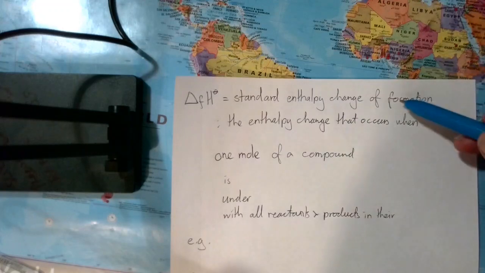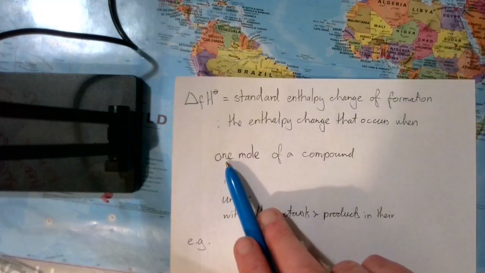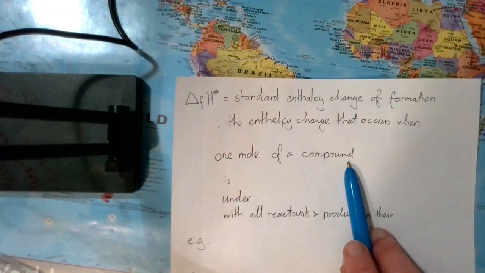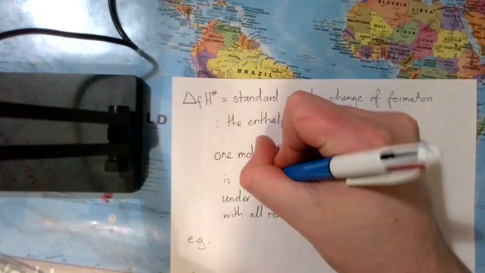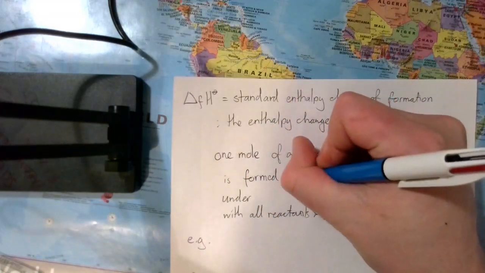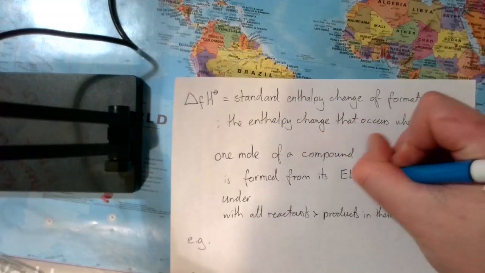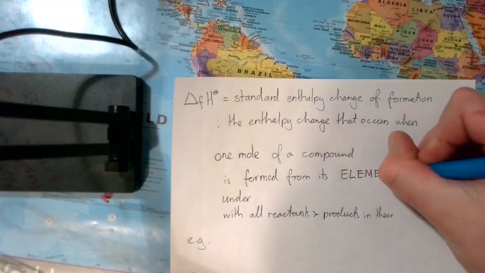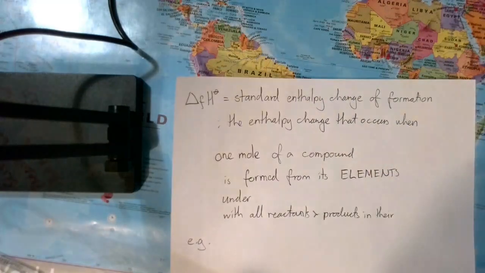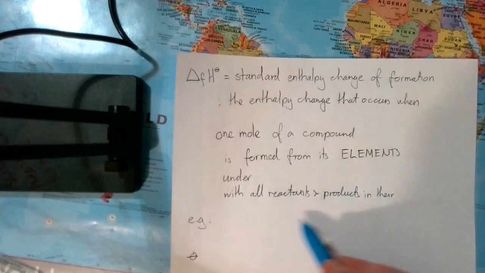So for enthalpy of formation, it's the enthalpy change that occurs when 1 mole of a compound is formed, hence the formation, from its elements, and this is crucial. So if you have any compound in the world, you just look at its formula and figure out which elements are in it, and that's how you would get there. So let's try this.